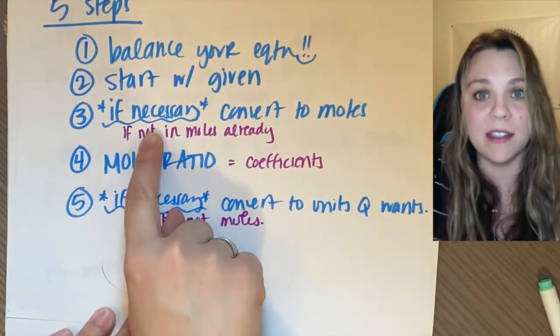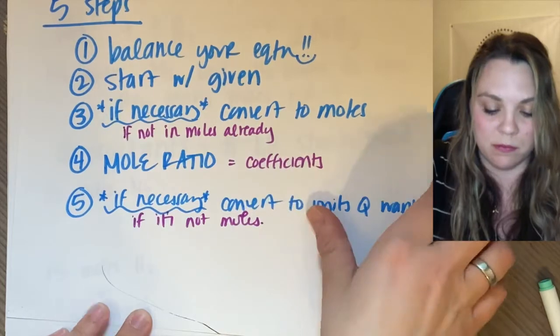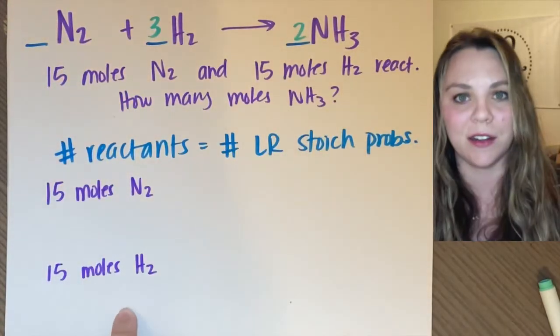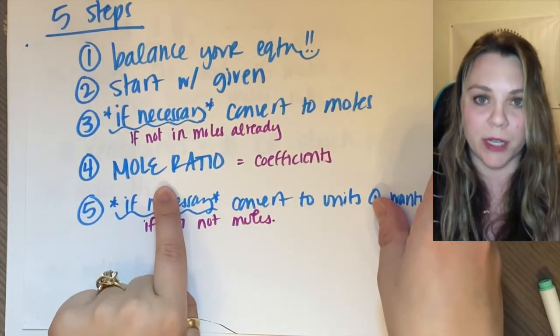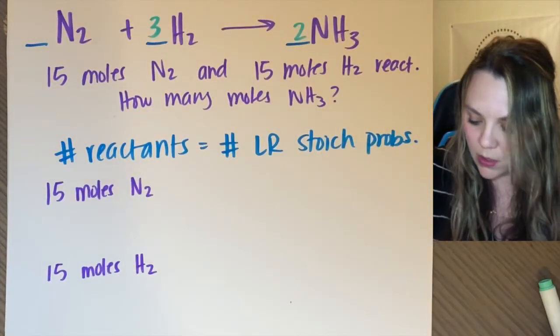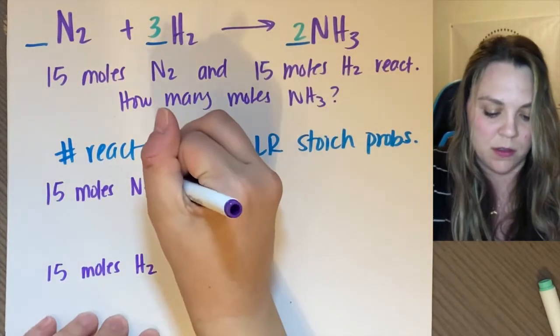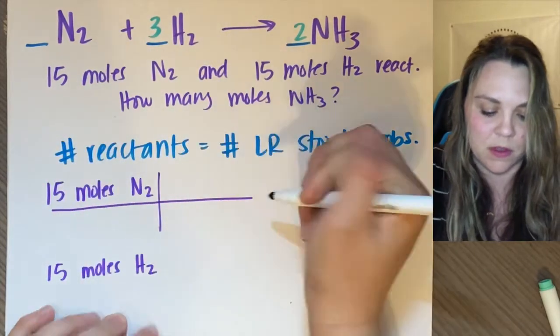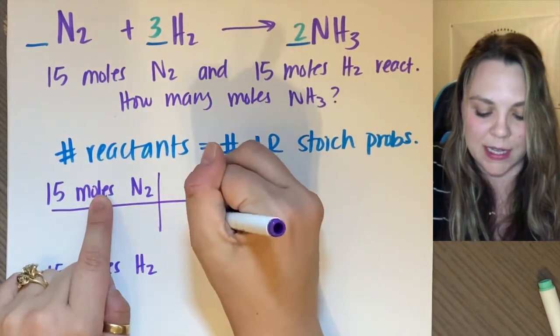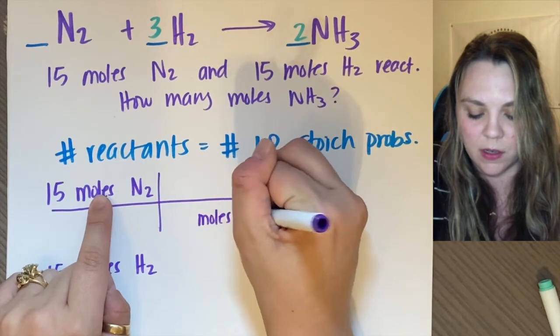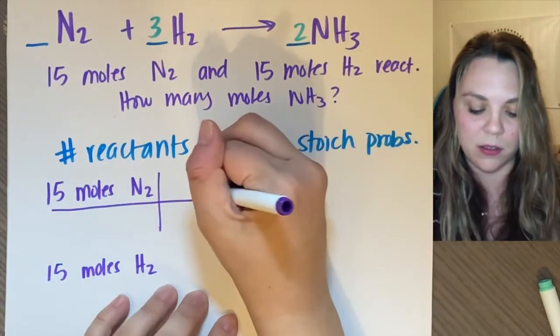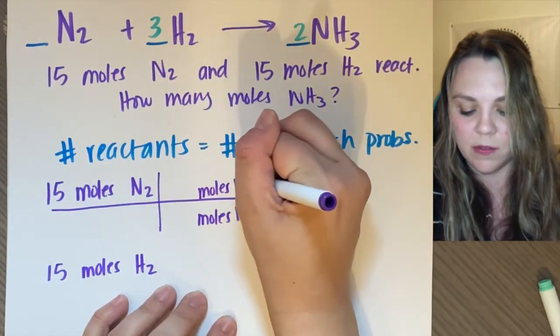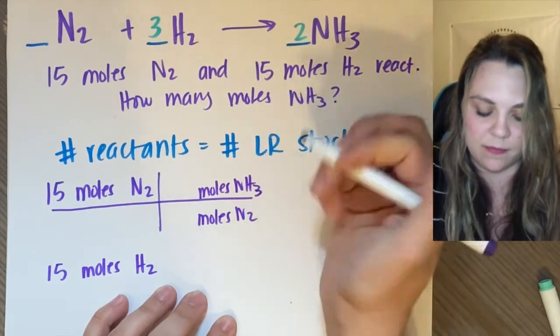Step 3, if necessary, convert to moles. Not necessary, already in moles, got it, okay? Step 4, do your mole ratio. Okie doke. All right, so in moles of N2, I need to get out of moles of N2, and I want to figure out how many moles of NH3 I make.